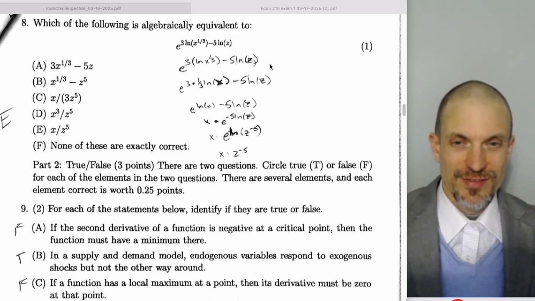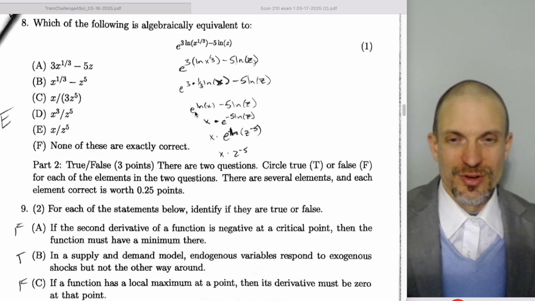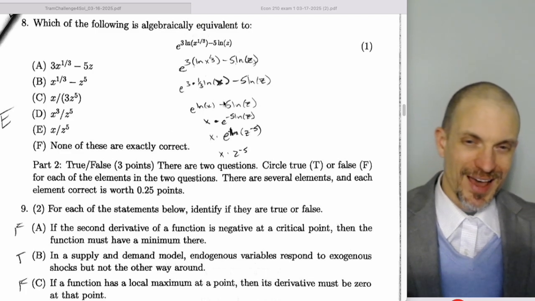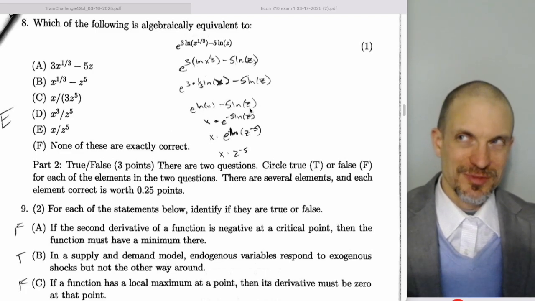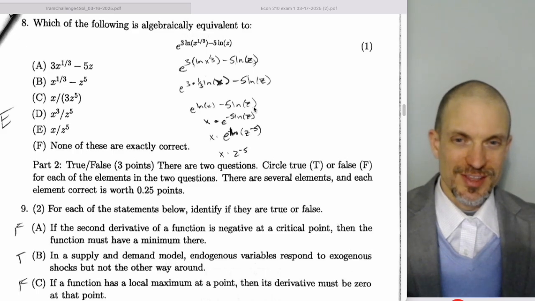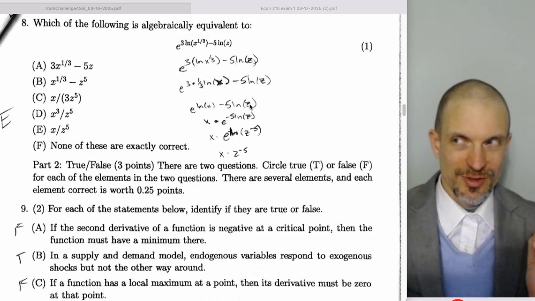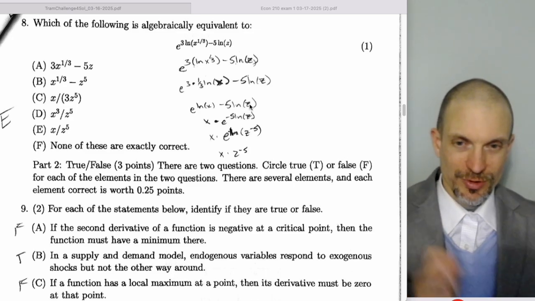This minus 5 ln z is just going to hang out for a while. All right, so I can think of this as e to the natural log of x plus minus 5 times the natural log of z. And we know if you multiply things that have the same base, we add their exponents, which means I can pull these apart.